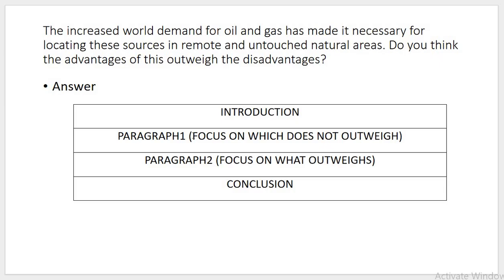For example, if you feel advantages outweigh disadvantages, then you should focus on disadvantages in paragraph 1, and in paragraph 2 you should focus on advantages. Then in the introduction you paraphrase your question and give your opinion as well.